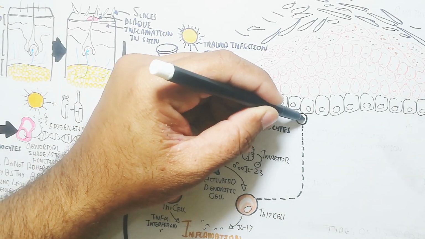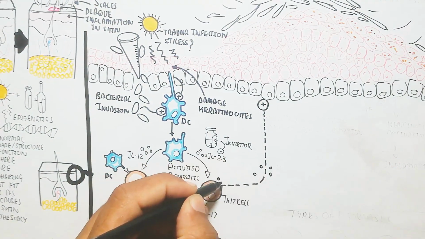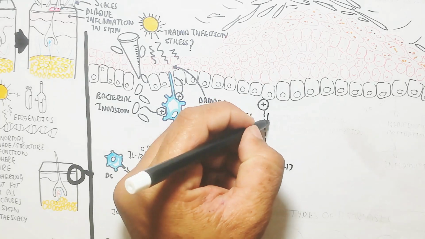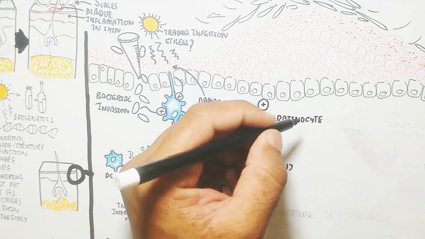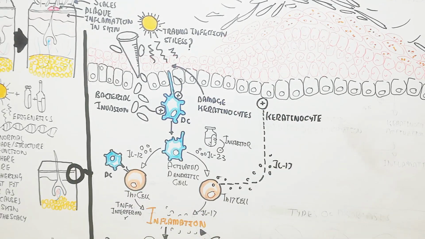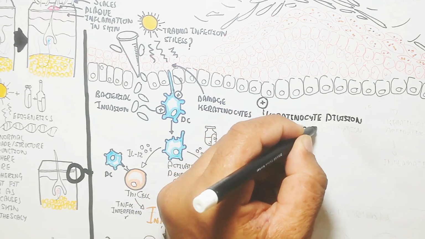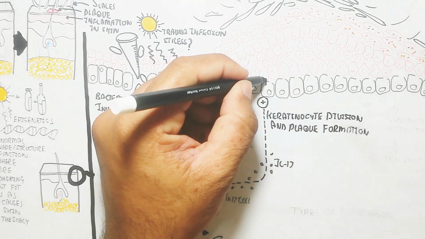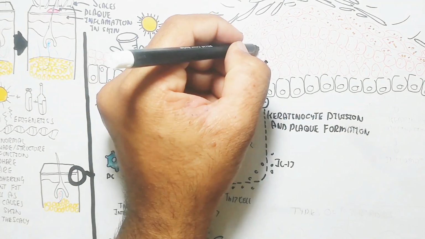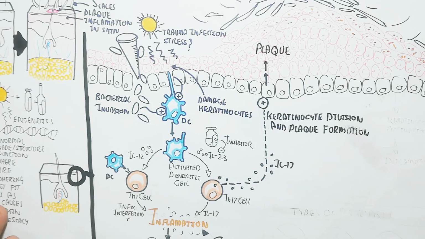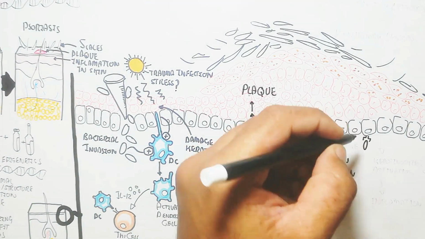Remember, the T helper 17 cell produces interleukin 17, which triggers keratinocyte division and plaque formation due to inflammation progression. In this way, the damaged keratinocytes divide to form a plaque. This plaque formation shows the red bumpy lesion on the skin.